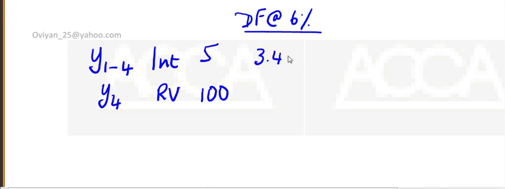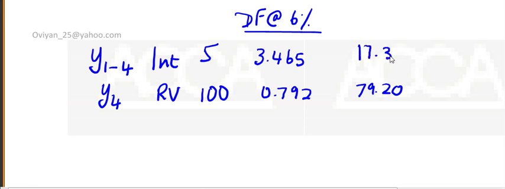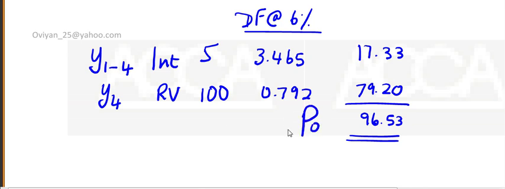You're going to get 3.465, and this should give you 0.792, giving you 79.20, and this is going to be 17.33, and you're going to get something here called 96.53.